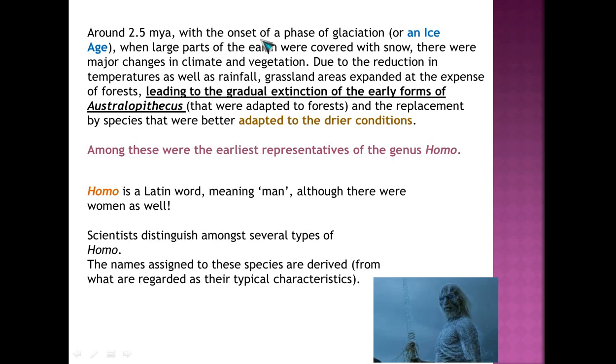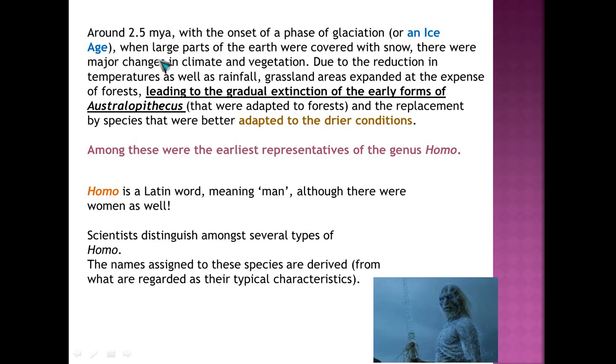Large parts of the earth were covered with snow, and there were a lot of changes in climate and vegetation when this happened. Because some of the plants or some of the animals will not thrive when the earth is covered with snow. And because of the reduction in temperature, that is when it was really cold, as well as rainfall, grassland areas expanded at the expense of forest.